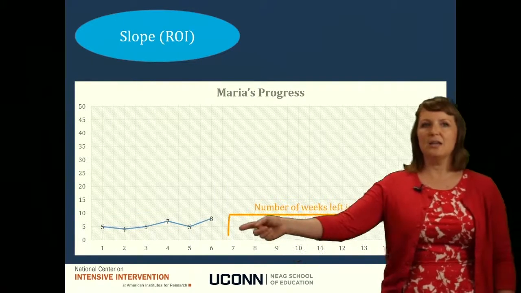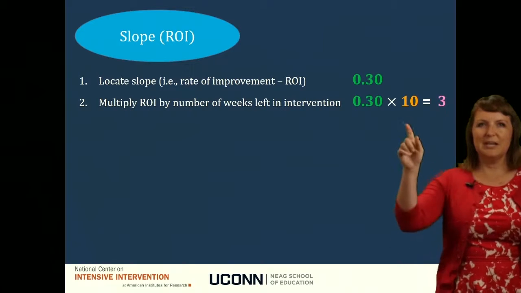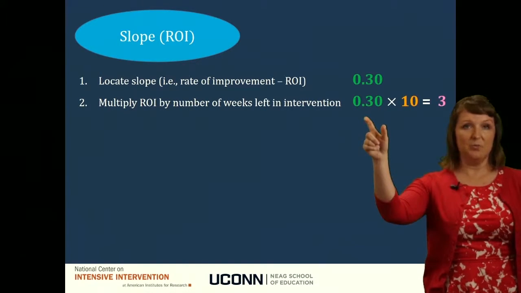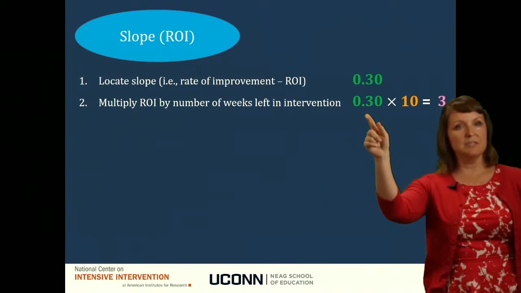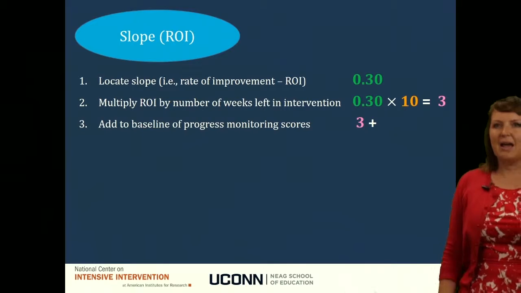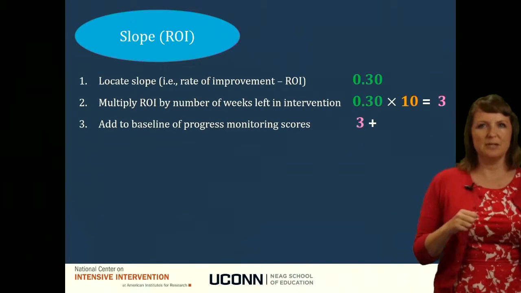So there are 10 weeks left in the intervention period for Maria. So I'm going to take that 10 and multiply it by the typical slope. So 0.3 or 3/10 times 10 is 3. Now I'm going to add that 3 to the baseline of Maria's progress monitoring scores.